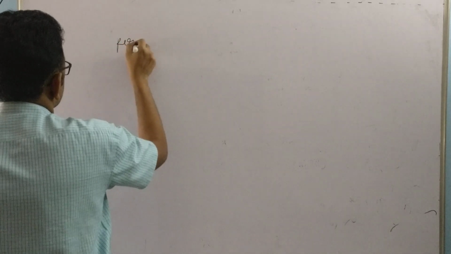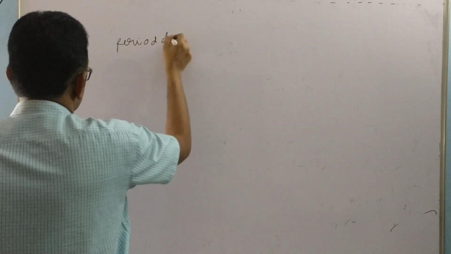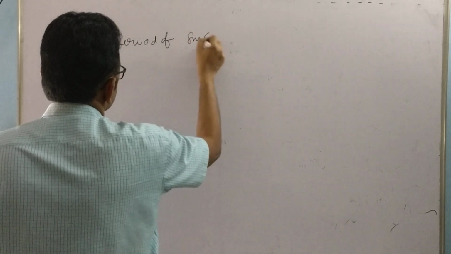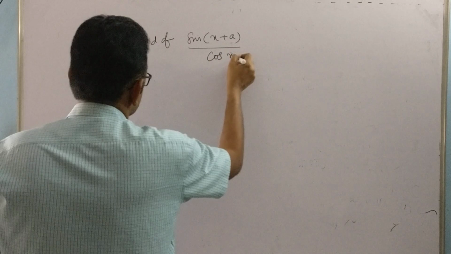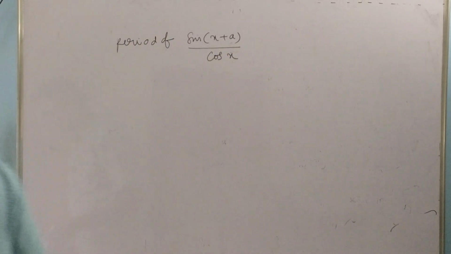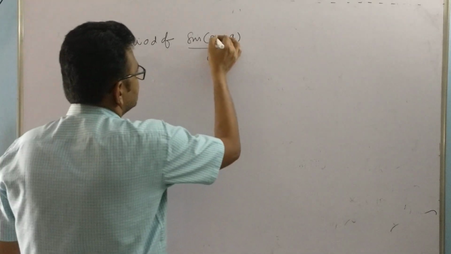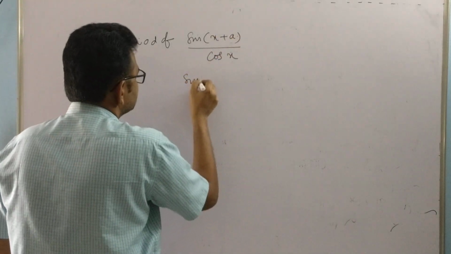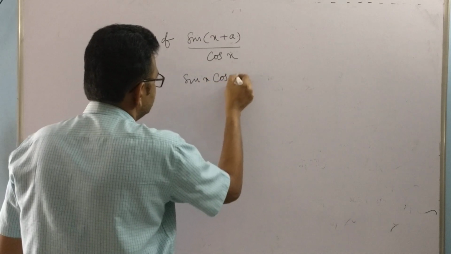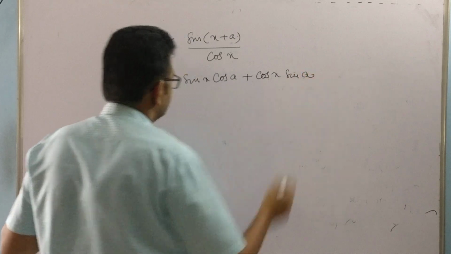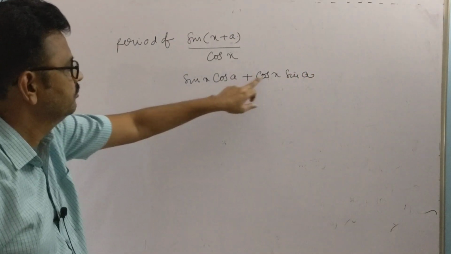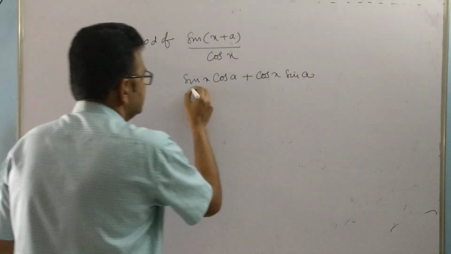Now, the period of sin x plus a by cos x. Expanding sin of a plus b as sin a cos b plus cos a sin b, we get sin x cos a plus cos x sin a by cos x.